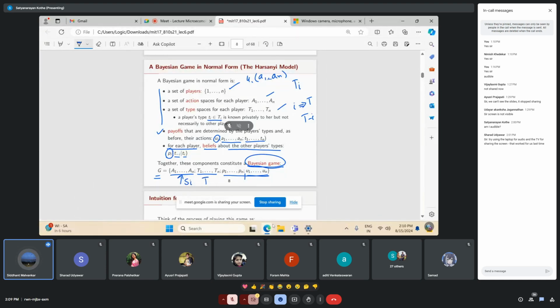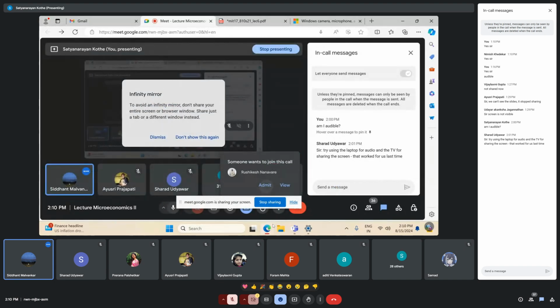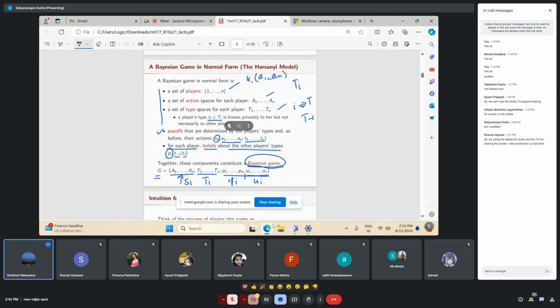Now these are Ti's, okay, and these are pi's, and these are Ui's. So simply the game now consists of 4 components. That is, a Bayesian game consists of 4 components, than that of the normal game.